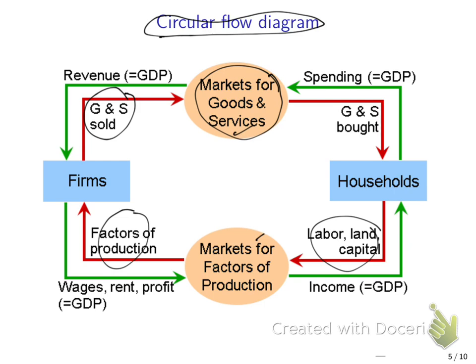So when firms rent resources from households, they pay wages, rent, profit, which gives you actually, in chapter 5, GDP, and then it's income for the households, and households spend this income in total, because we assume that everything is spent, there is no saving and investment, and therefore the spending, which is also GDP, goes to firms as revenue, and that is also GDP, or income of the economy.